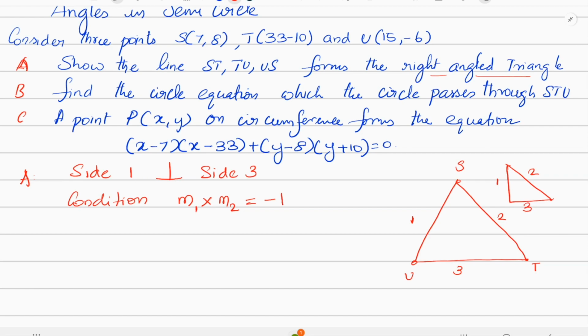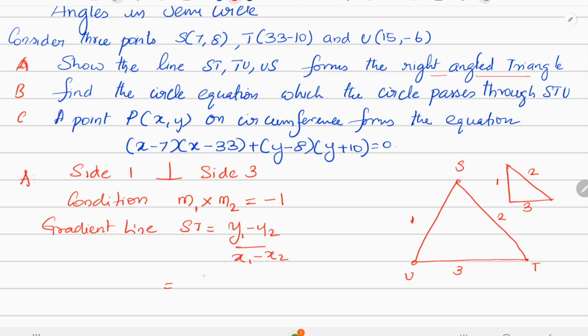So for that we need to find the gradient of the lines. First I take the gradient of a line. Say first take S and T. What is the formula for the gradient of the line? (y1 - y2) divided by (x1 - x2). So for ST, S is (7, 8) and T is (33, -10).